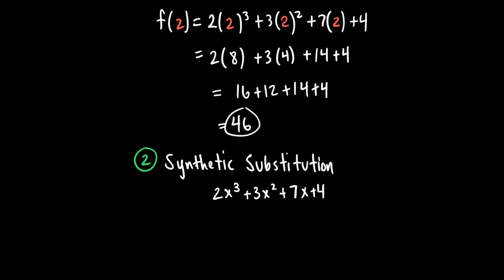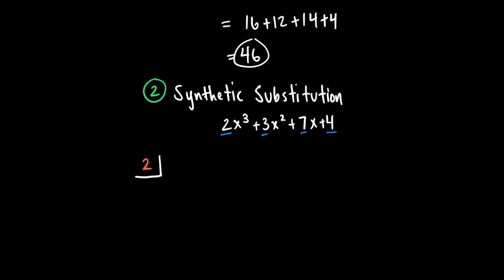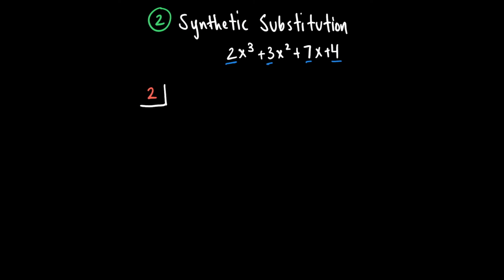We're going to take the coefficients, the 2, the 3, the 7, and the 4, and we're going to take the 2 that we're interested in, the value we're plugging into the function. Most people put a little box over there and drop their 2 in it, and then write their coefficients: 2, 3, 7, and 4.